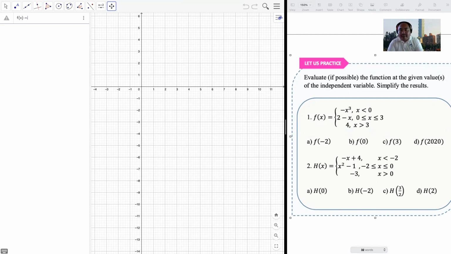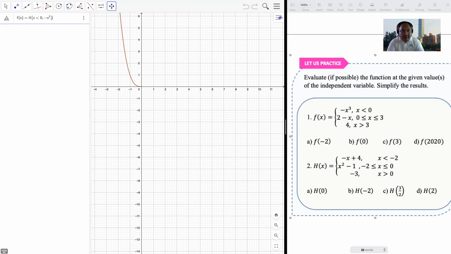So you begin with x is less than 0. So still, if x is less than 0, the graph is negative x cubed. Basically, you're telling GeoGebra, hey, when x is less than 0, you graph negative x cubed. And it does that for you. And then, what you do is you do a nested if.